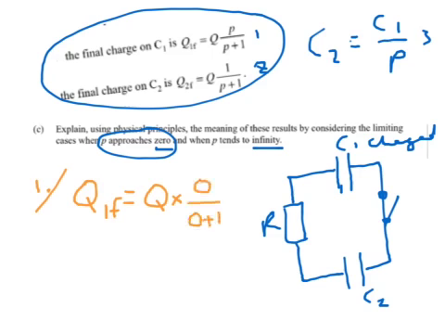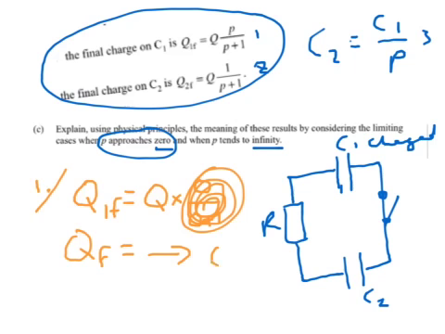So this is basically a 0 term, which means Q1F is going to go to 0 as it approaches it. If you put in a really, really small number, you're multiplying that really, really small number by Q, so it's going to be close to 0. So the charge stored on capacitor 1 is going to 0.